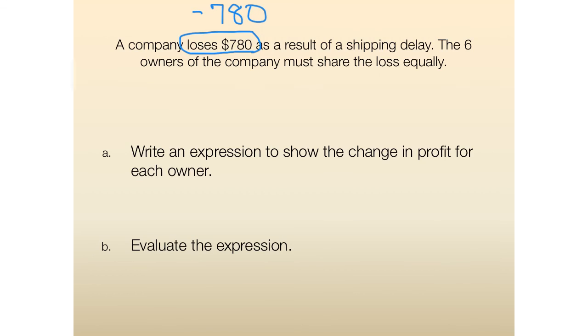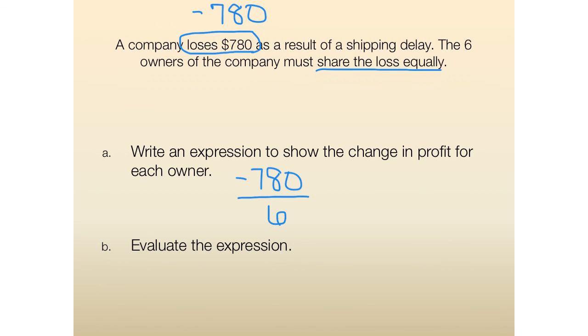And we have 6 owners that must share the loss equally. So sharing it equally, they have to divide it among themselves. So we could have the expression negative 780 divided by 6. Now we want to evaluate the situation.